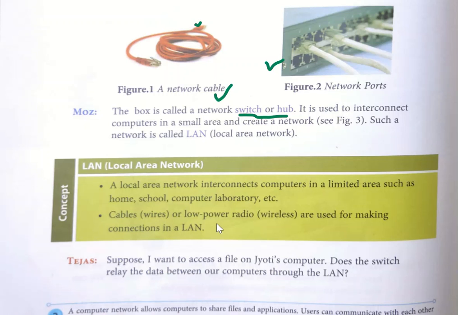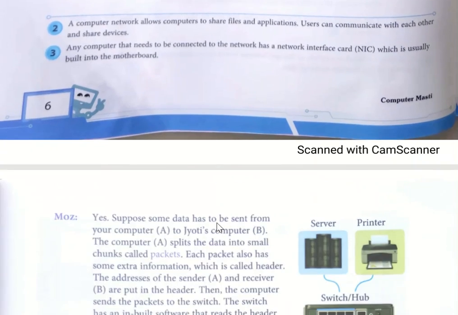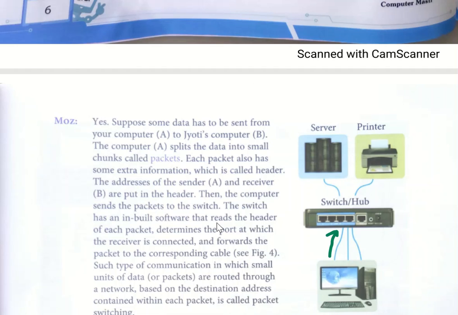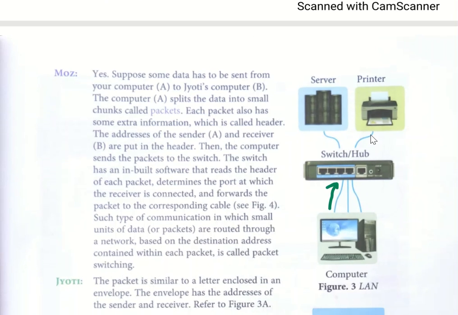After that, I told you how data is transmitted from one end to the other end. For example, here this computer wants to send a message to the printer. So how does the message get transmitted from one device to another? For that, the message that is to be transmitted is divided into small chunks. They are known as packets.